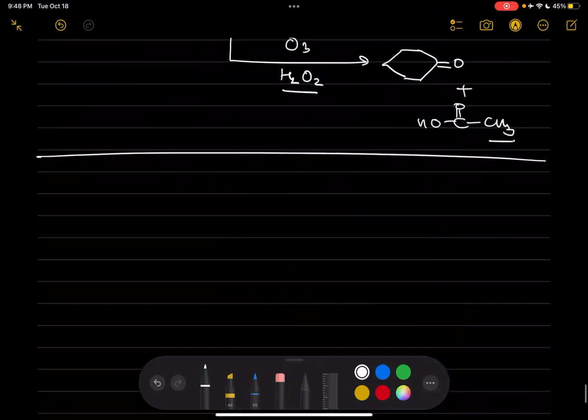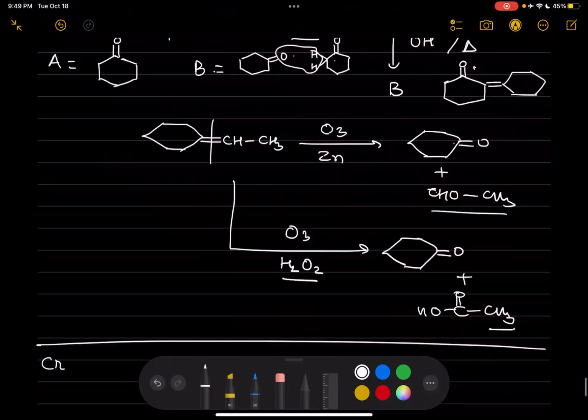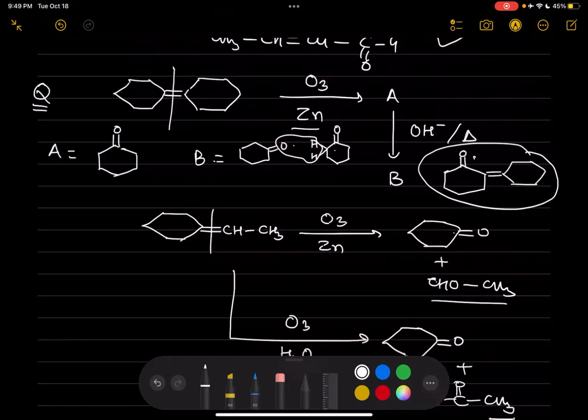Okay, now you have crossed aldol. What do you mean by crossed aldol? So can you show the final structure over there? Yes, sir.